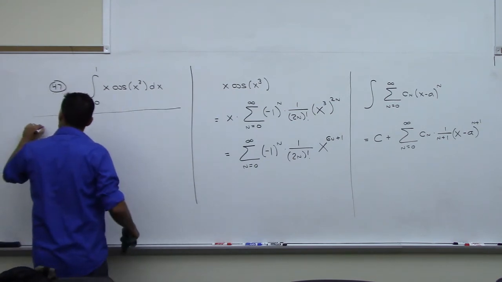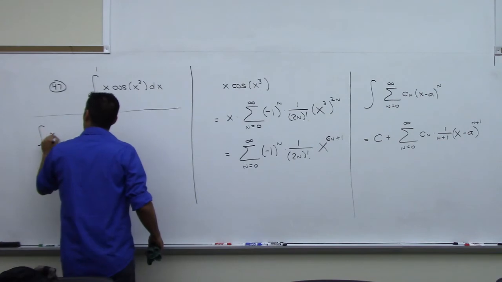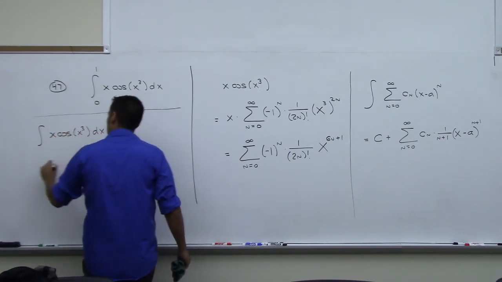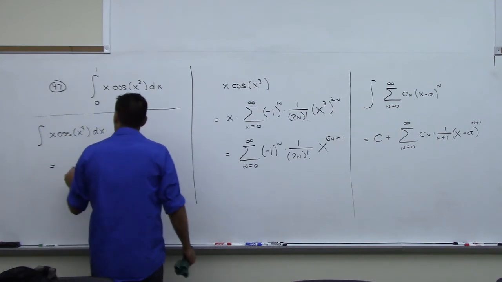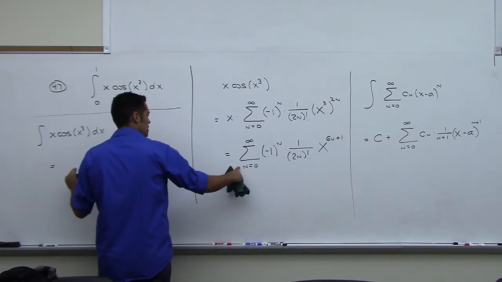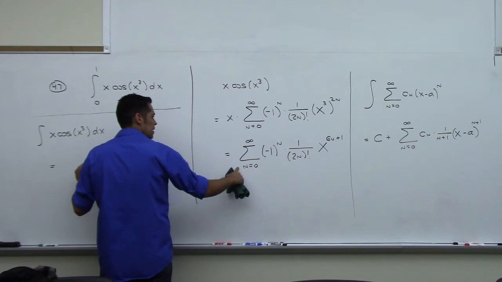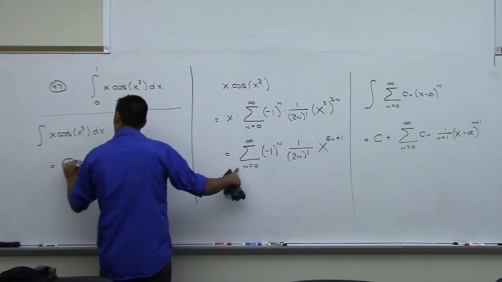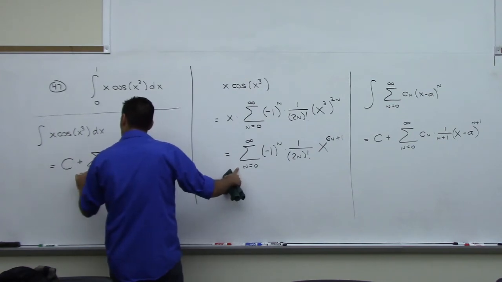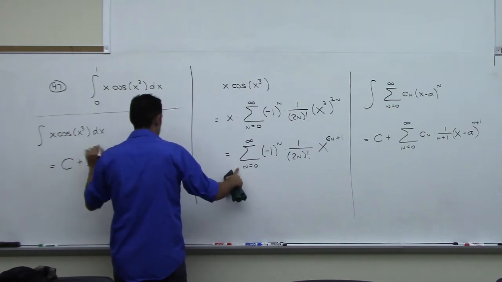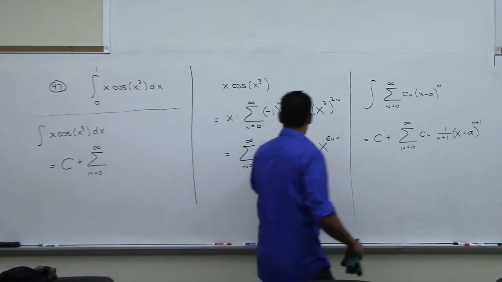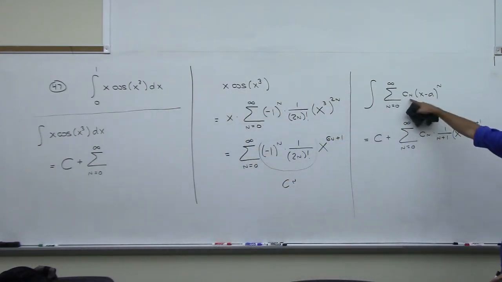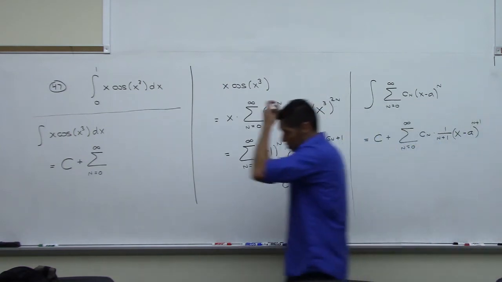The antiderivative of x cosine x cubed dx is equal to the integral of this. I'm not going to rewrite that, but it would be a constant plus the sum n equals 0 to infinity. And then all of this right here is like my c sub n. That's not going to change.